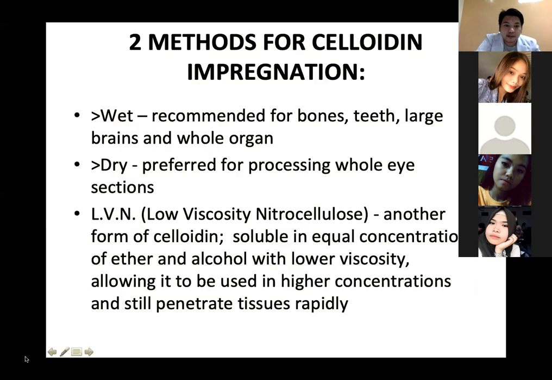Same method with dry celloidin. The only difference is in dry celloidin, they do not use alcohol. Instead, they use Gilson's mixture. Gilson's mixture is a combination of chloroform and cedarwood oil.